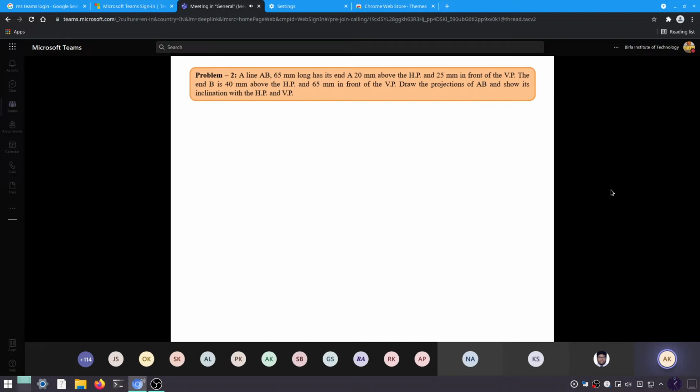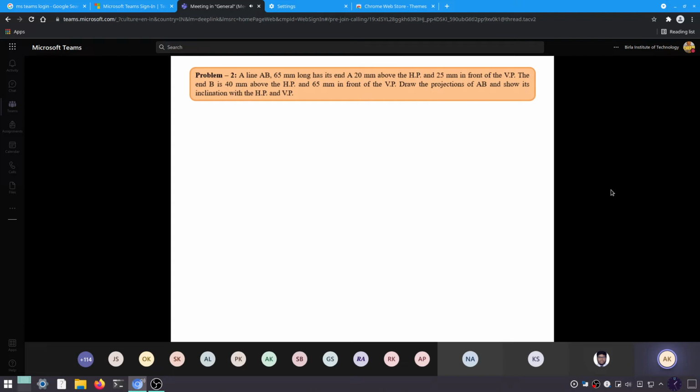The end B is 40 mm above HP and 65 mm in front of VP. Draw the projection of AB and show its inclination with HP and VP.